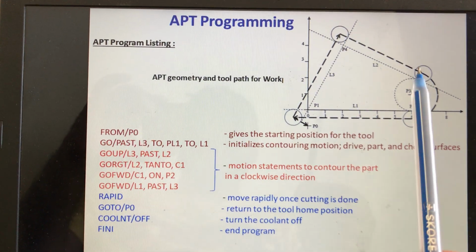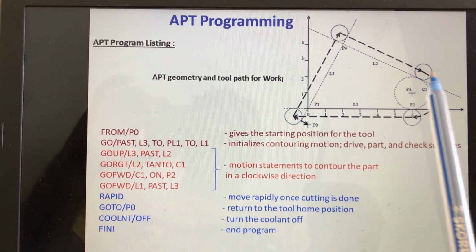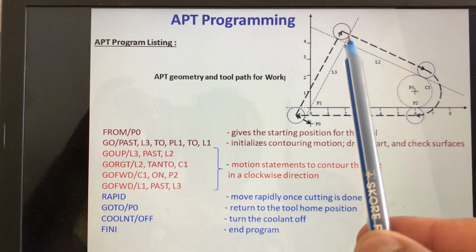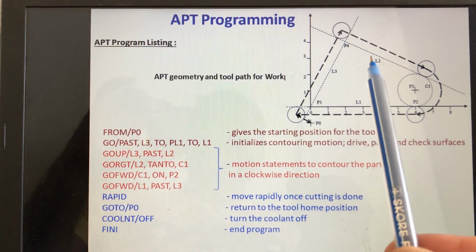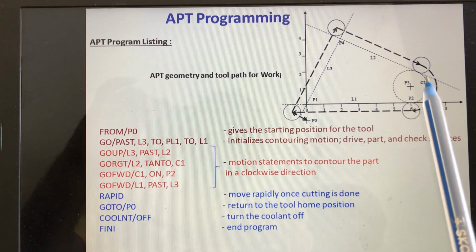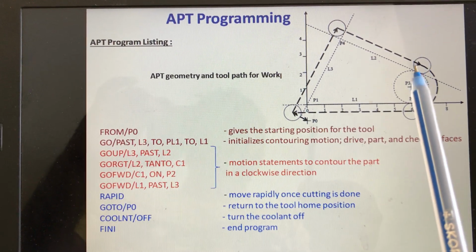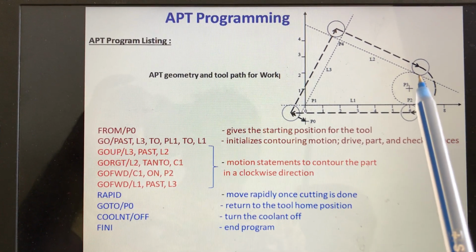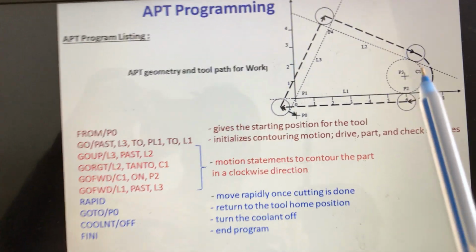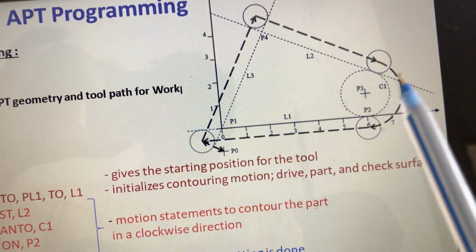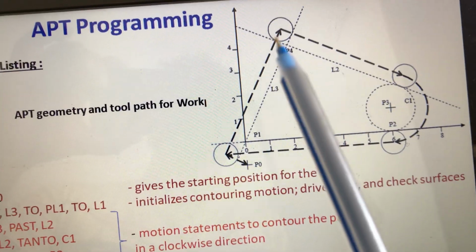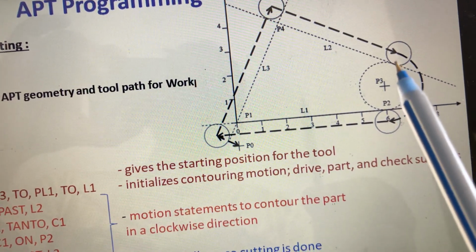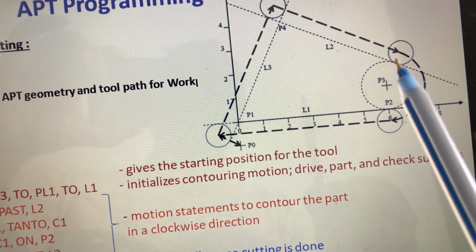So go right in L2 tangent to circle C1. It will come in the right direction along L2 and reach a point where the tool makes tangent to the circle C1. This is the tool end. When the tool end touches the circle, you see here, this is the diameter of the cutting tool. The cutting tool is coming like this around the surface L2. Once it touches the circle, once it forms the tangent here, it will stop.